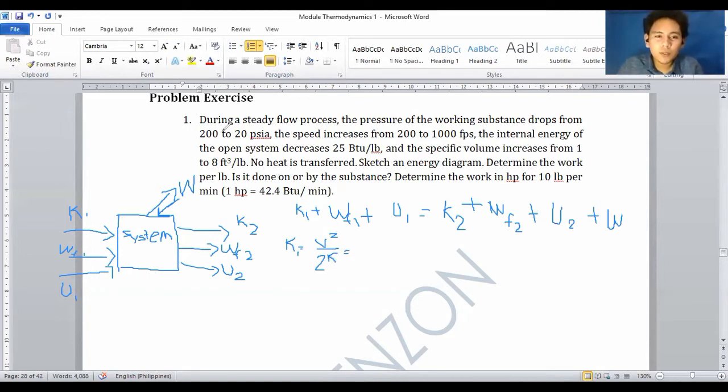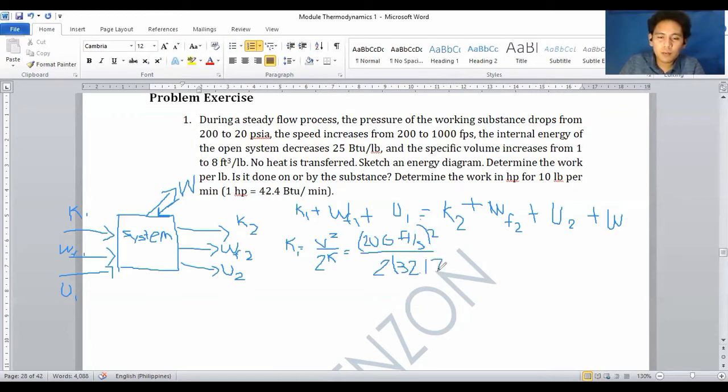Velocity is 200 feet per second, squared, over 2 times your proportionality constant K, 32.174. Again, we will be using 32.174 for the uniformity of our solution.